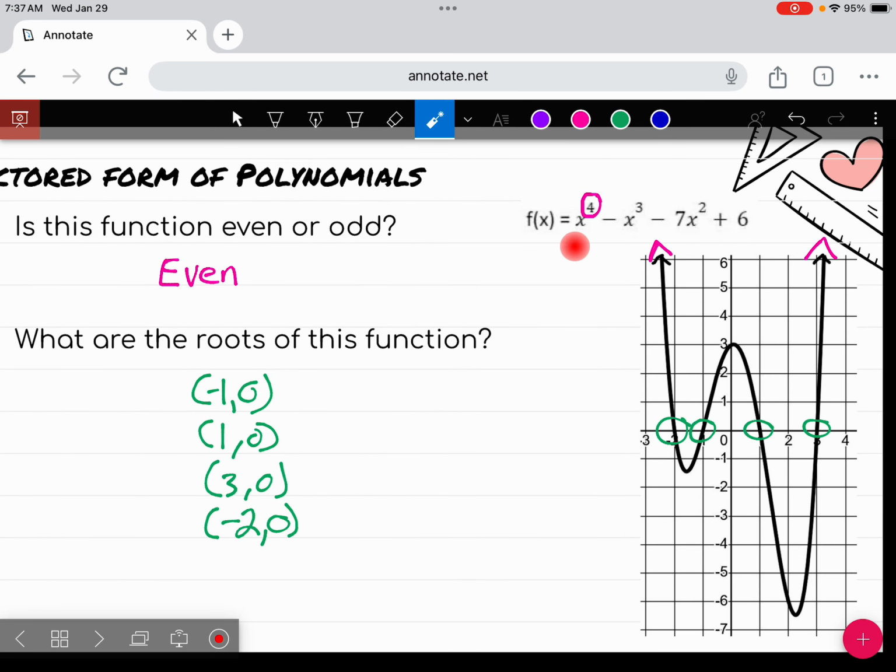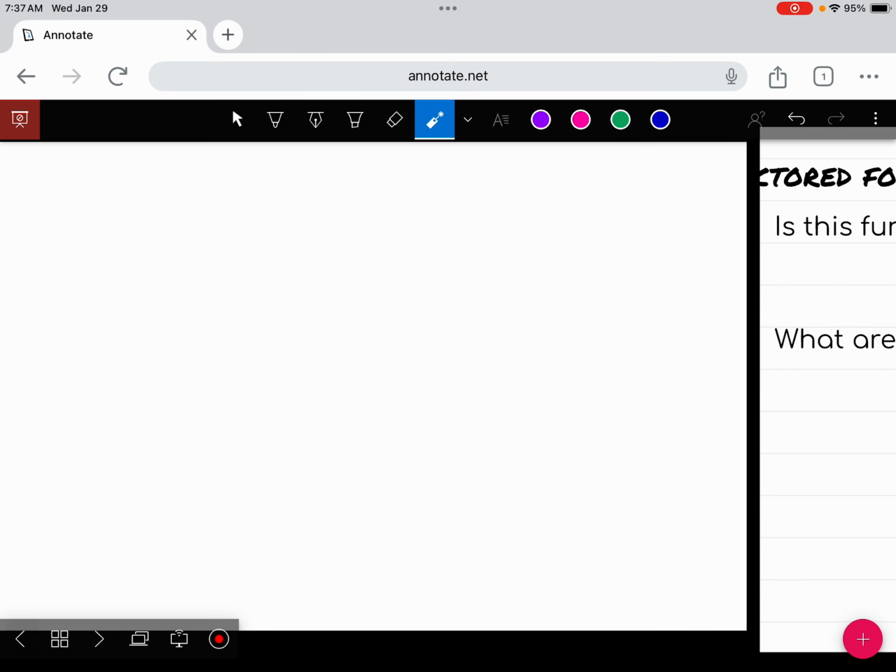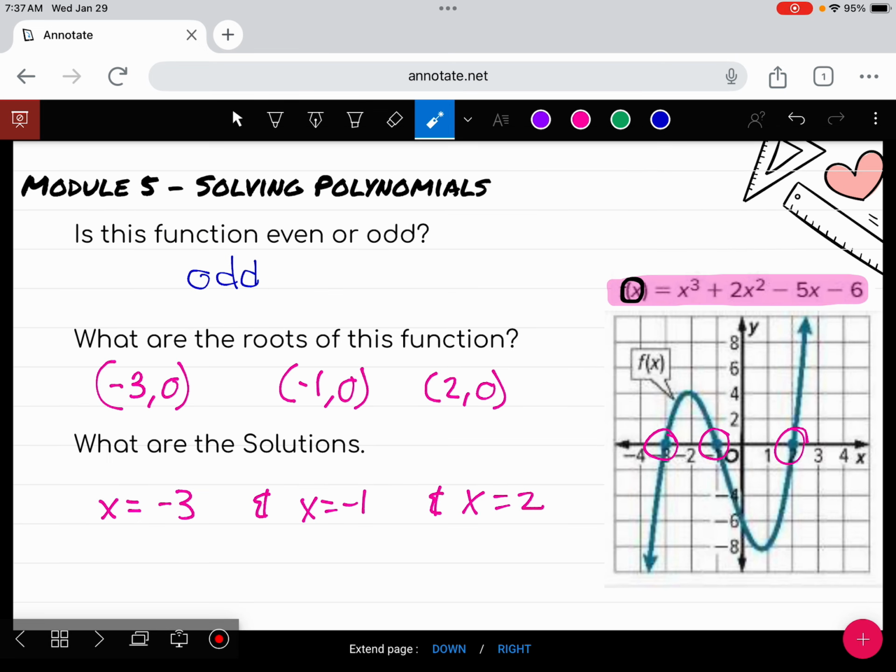What do we notice about our degree and how many roots we're getting? There's 4. We have 4 roots and we had a 4th degree. How many solutions do we have on this one? 3. And what's our degree? 3. So that's going to come up in the course of this chapter, how many solutions we're going to get on polynomials and when we have enough information to stop looking.